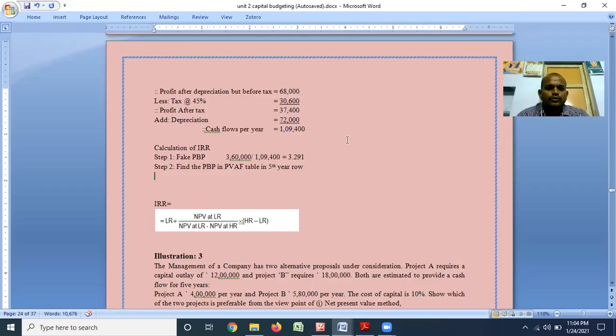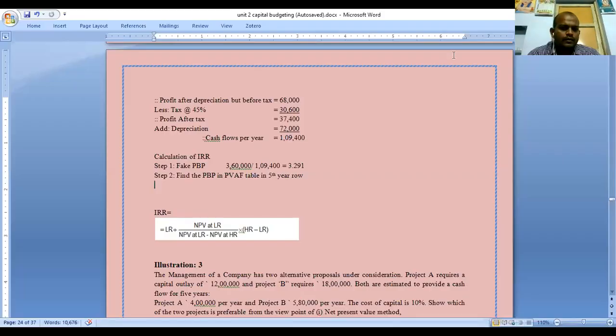Now, we have to calculate the net present value. So, the figure lies between 3.352 and 3.274 at 15% and 16% respectively.